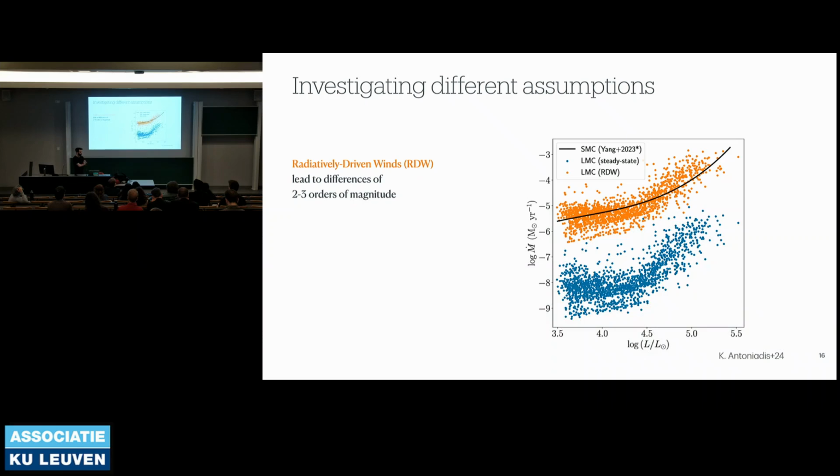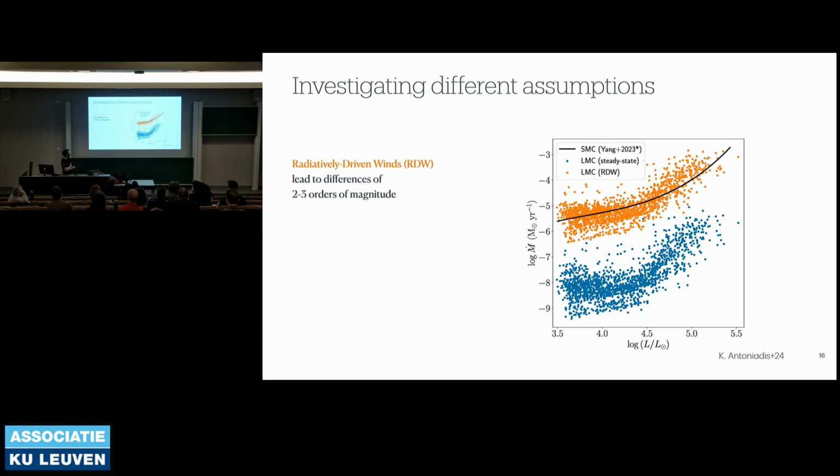Then we proceeded to investigate what is the effect of different assumptions, trying to figure out why all these relations in the literature were so different. And we found out that by assuming radiatively driven winds as the mechanism in red supergiants, which was also assumed in the past, this mechanism is assumed to contribute to AGB stars, so then people thought that red supergiants have the same mechanism.